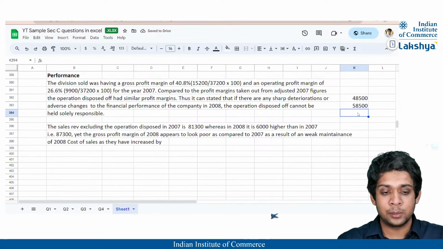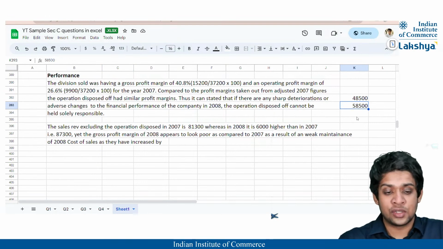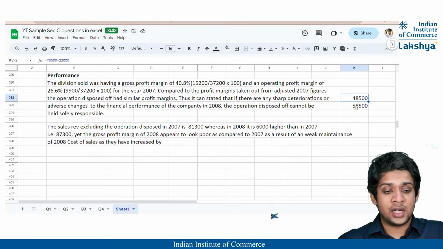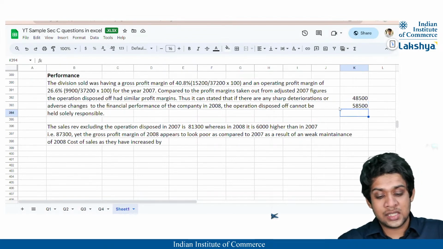So how do you calculate in percentage? From 48,500 it has increased to 58,500. How much percentage increase is there?